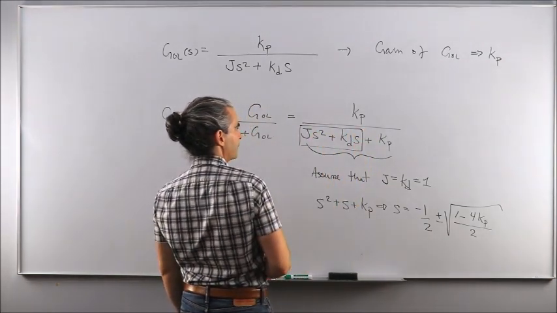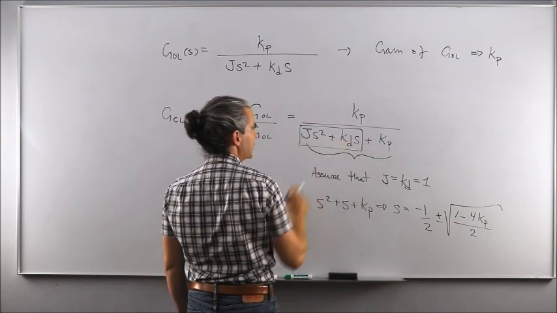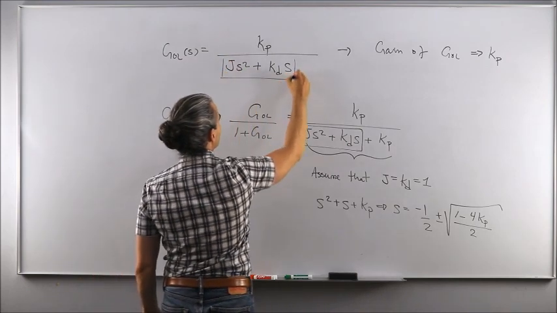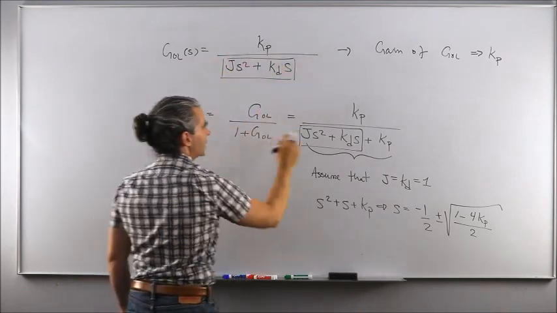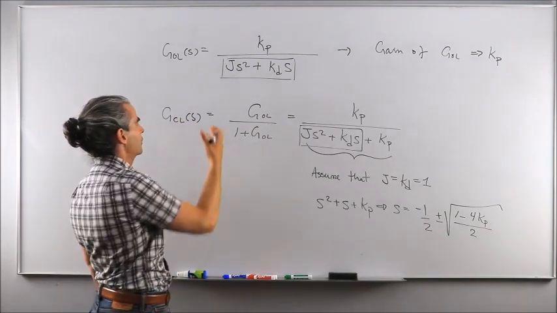Okay? And you would get the pole locations whenever Kp is equal to 0. Well, look at what we had for the open loop transfer function. We had the exact same characteristic equation, or the exact same denominator of the transfer function.